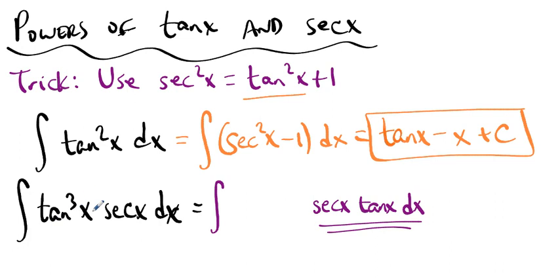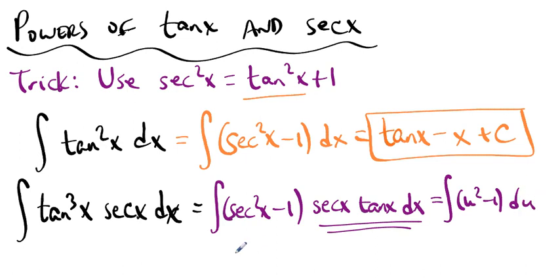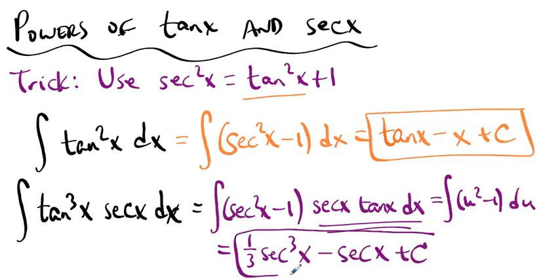But what would be left over here is a tan squared. Oh, but that's okay because tan squared is just secant squared x minus 1. So secant x is the u, this is the du, this is the integral of u squared minus 1 du. And that's 1/3 u cubed minus u plus a constant.